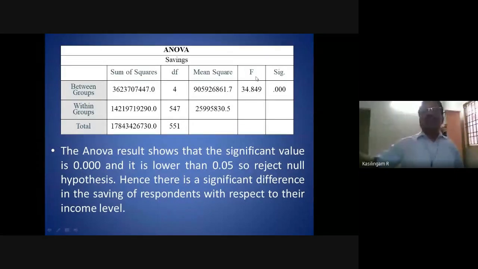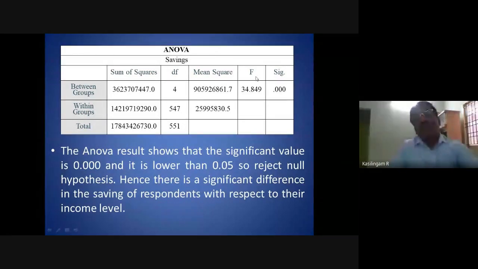Then you write F, you need not put equal to, 34.847 comma 0.00. Then they will understand this is the F value and this is the significant value, because readers are familiar with different journals and all these things. So you need to report the F value and the significant value, right?